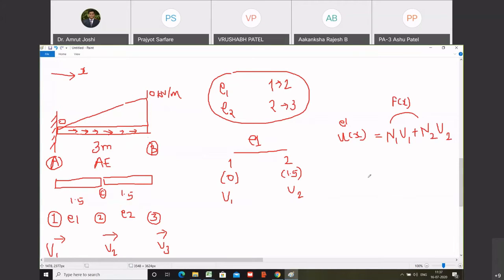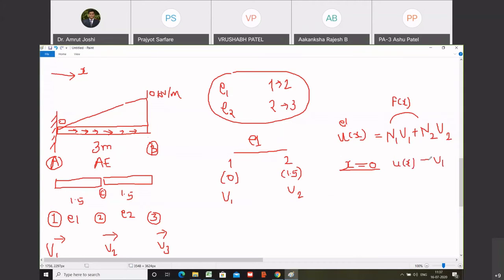Yes, sir. Now let us look at some of the properties of this N1 and N2. Now look. At x equal to 0, I am at the first node of the first element. Do you agree with me? Yes, sir. At x equal to 0, what is u of x? u1.